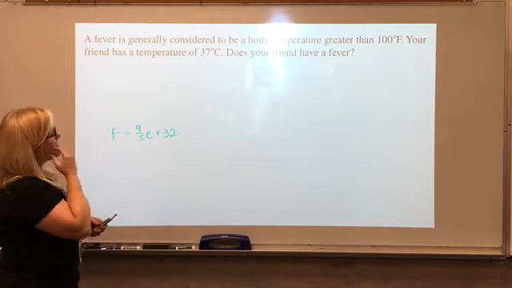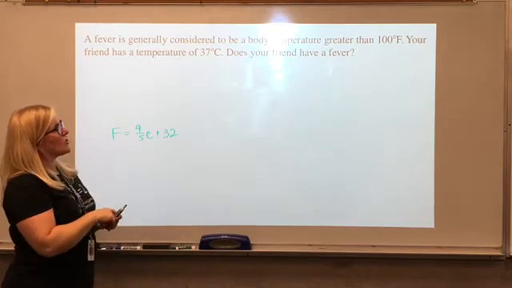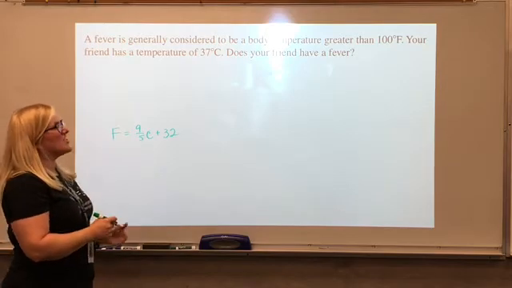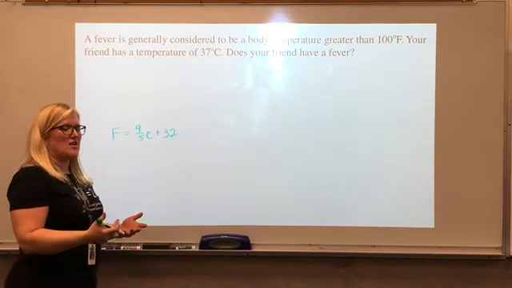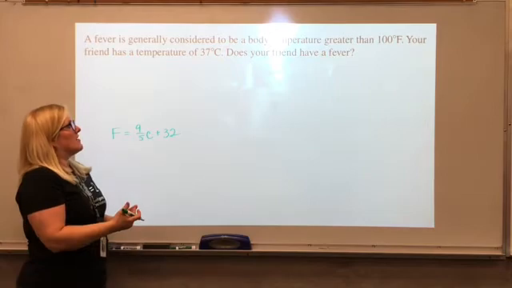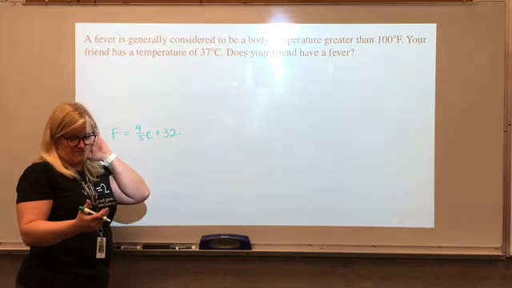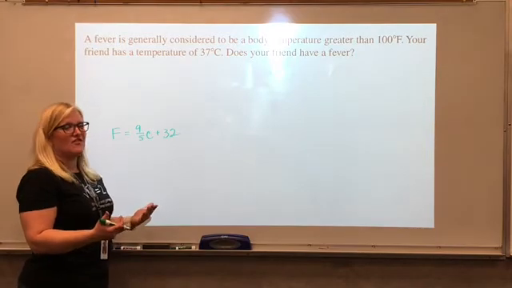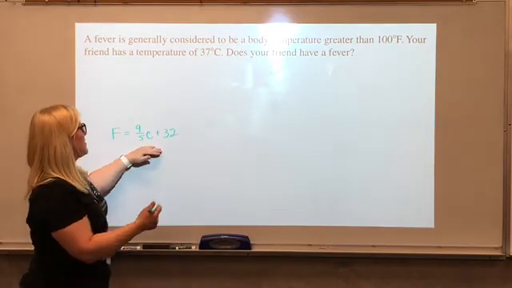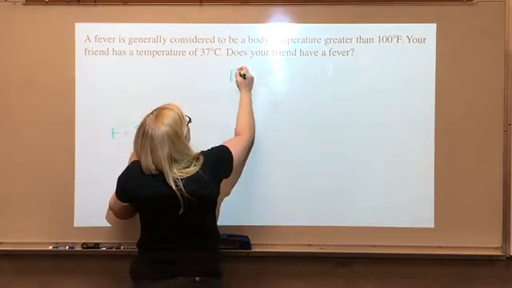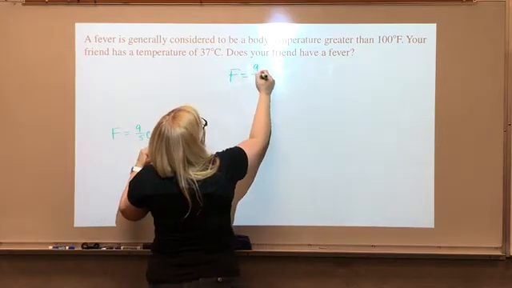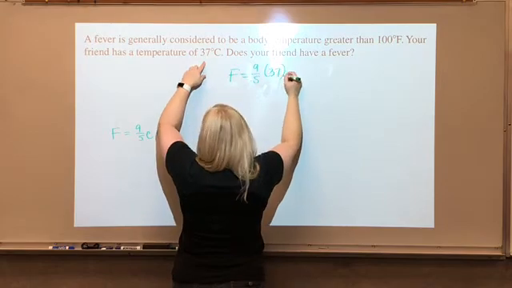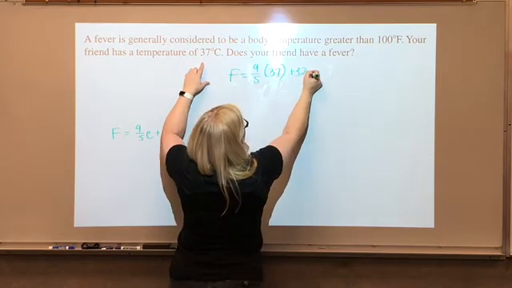It says a fever is generally considered to be a body temperature greater than 100 degrees Fahrenheit. Your friend has a temperature of 37 degrees Celsius because your friend is Canadian. I'm just kidding. They're whatever, just not American. Okay, does your friend have a fever? Well, I'm going to plug it into this formula. So I've got F equals 9/5 times C, which is 37, plus 32.